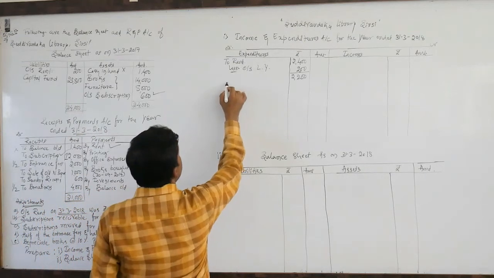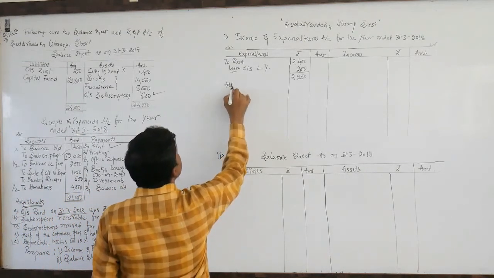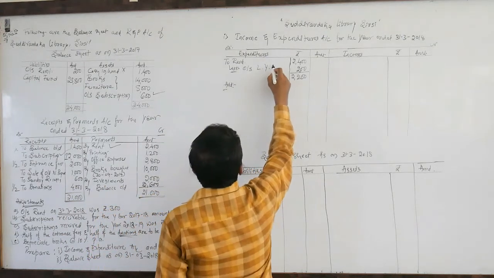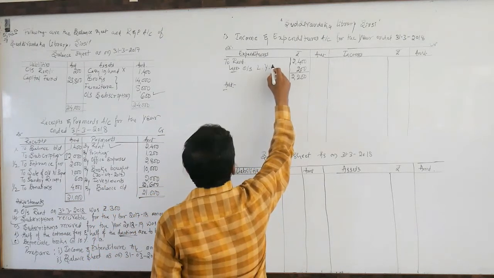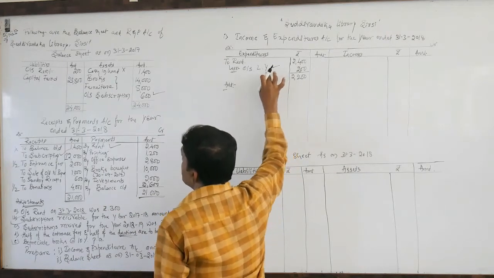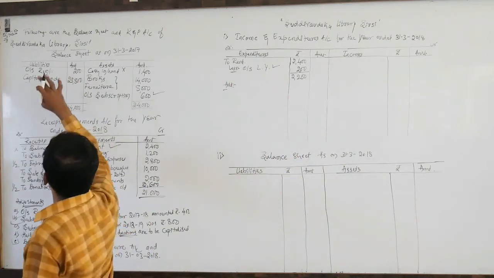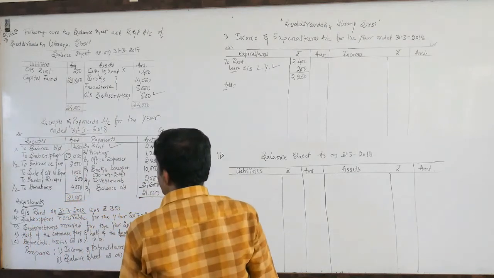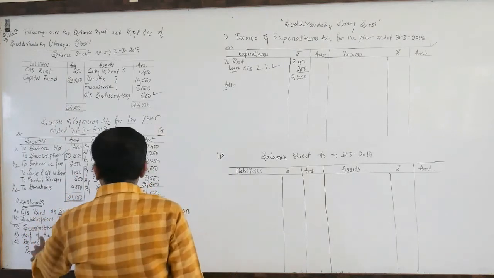Dear students, this is to be recorded only once, because it is not from the adjustment, it is from last year's balance sheet. Now I am taking from the adjustment.